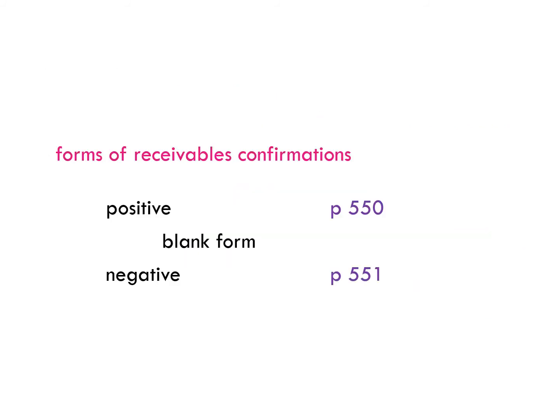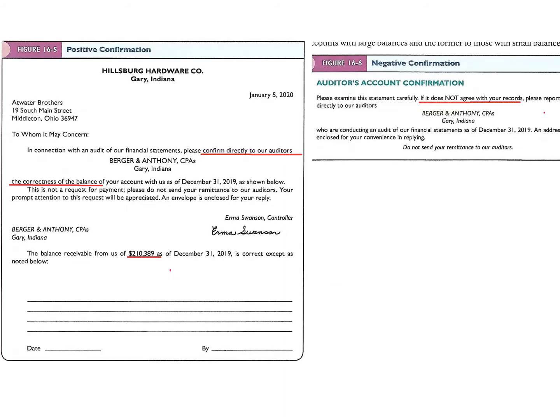Two types of confirmations, positive and negative. Now the positive confirmation on the left, in connection with our audit of financial statements, please confirm directly to our auditors the correctness of the balance. When we look down, it says the balance is $210,000.